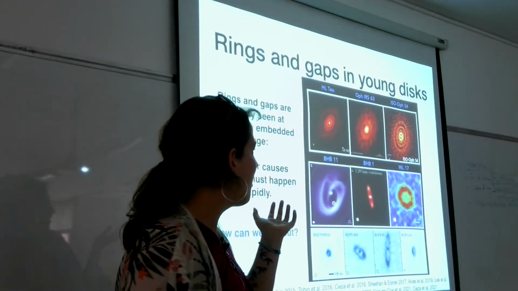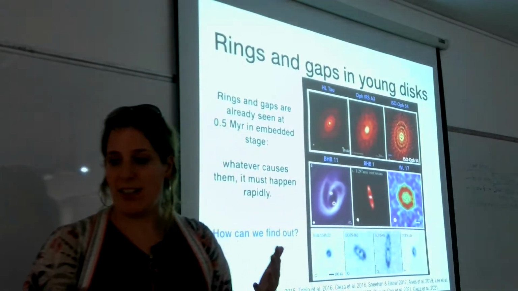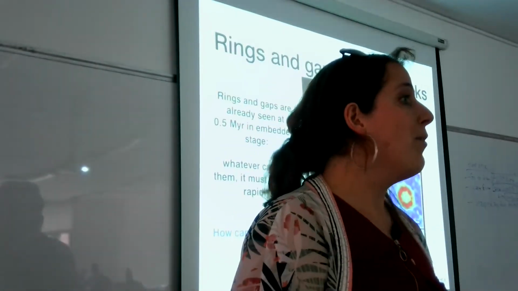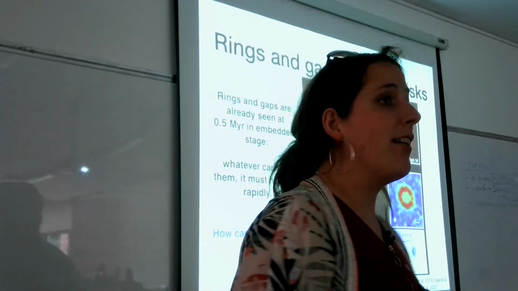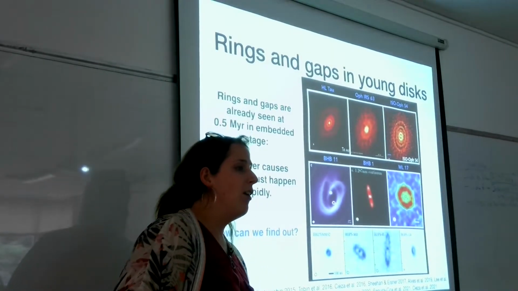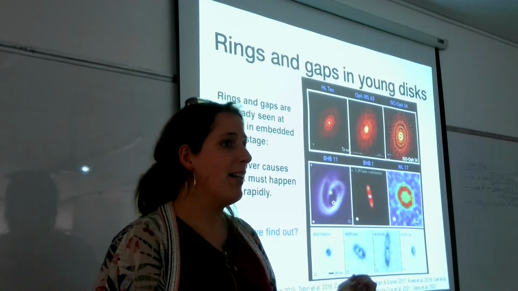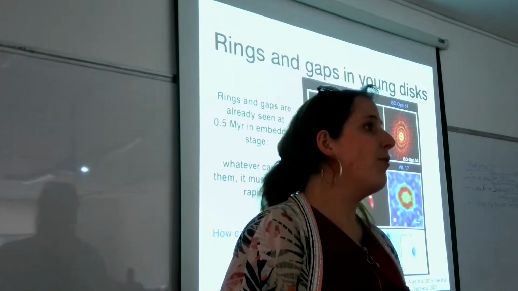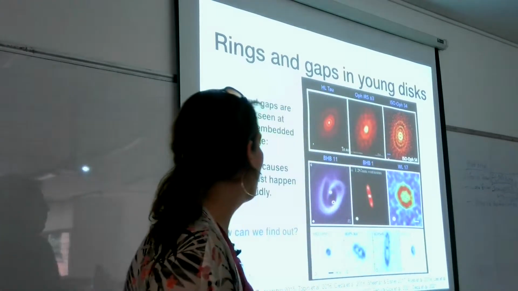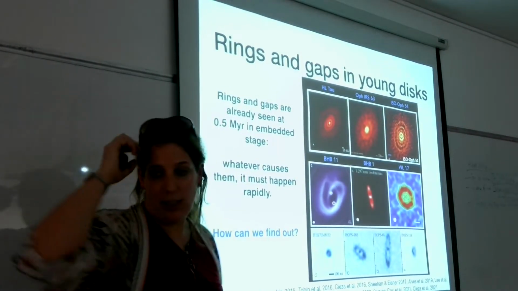This tells us that whatever is causing these gaps must happen really quickly, because they're already present at 0.5 million years, or 500,000 years. So if these things are caused by planets, those planets must have formed in less than 500,000 years. And that's really fast for planet formation.